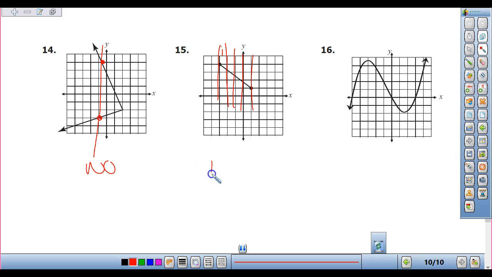What a funky looking graph, number 16. That one is also a function because I can draw a whole bunch of lines through this and it's still only going to go through one spot. Okay, so turn back to page 2.